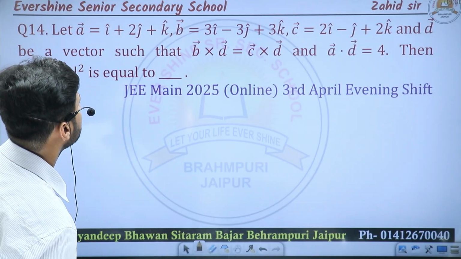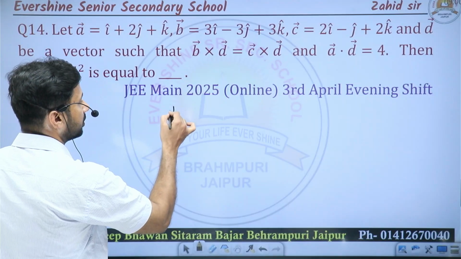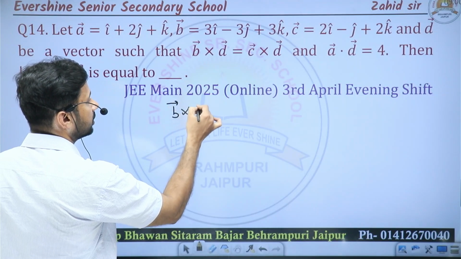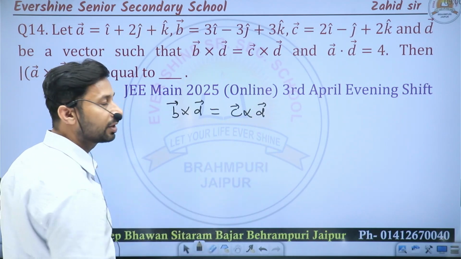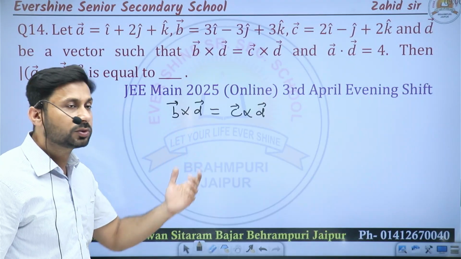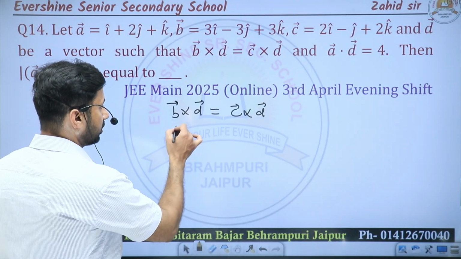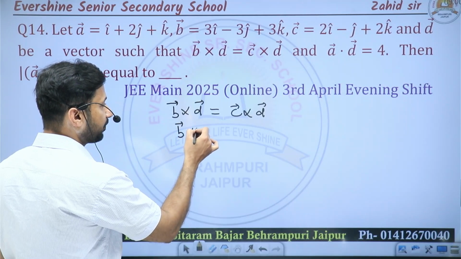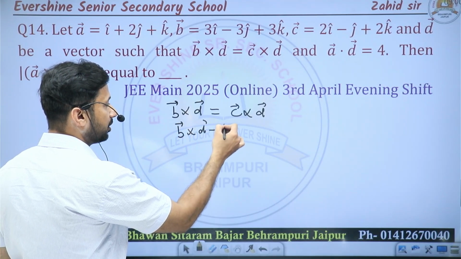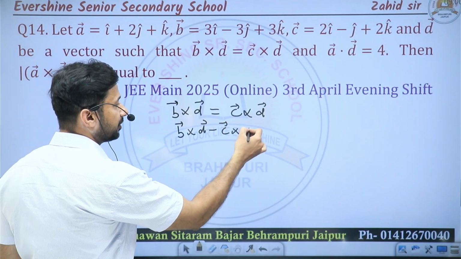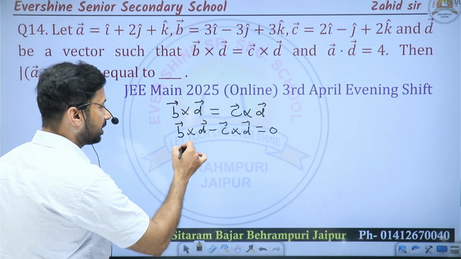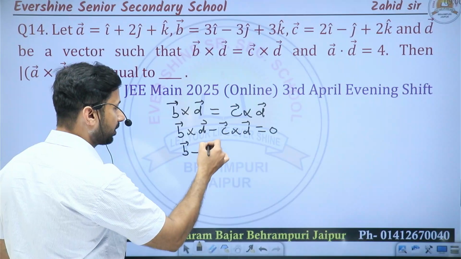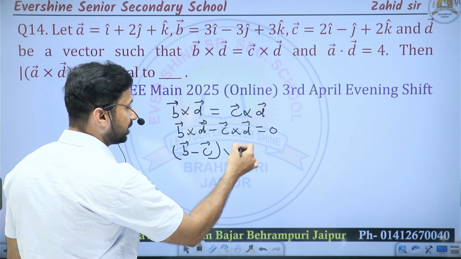Now see, b cross d equal to c cross d. Now I can write this as b cross d minus c cross d equal to 0. Here I can take d as a common term.